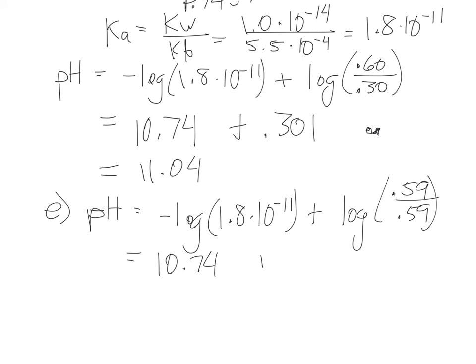So when we take the log of that, we're taking the log of a ratio that's equal to 1. Well, the log base 10 of 1 is 0. So this time the pH is equal to the pKa, and once again when we take a look at titrations in the next couple of days, you'll see why that's an important instance.